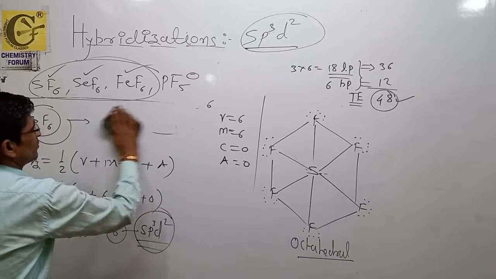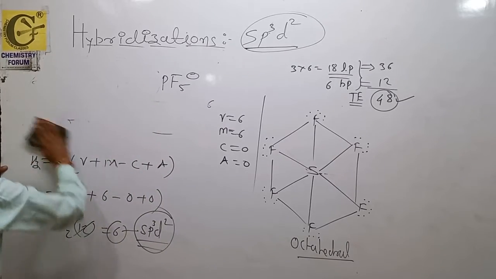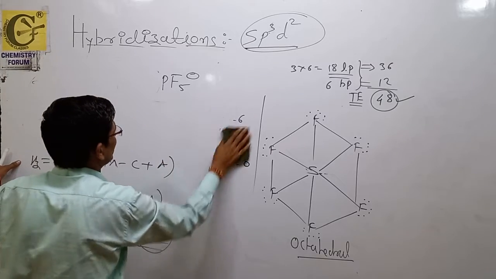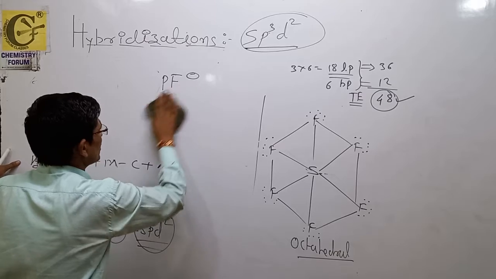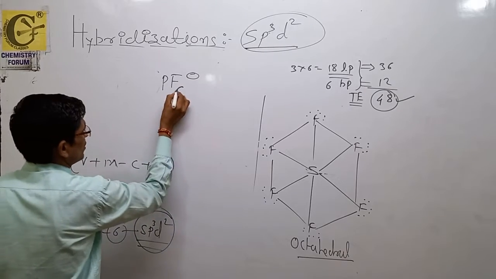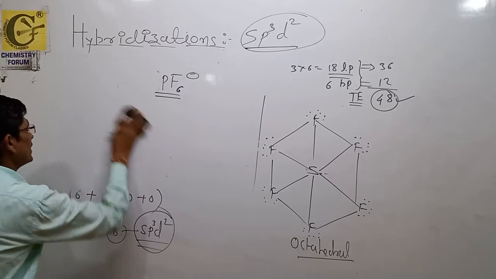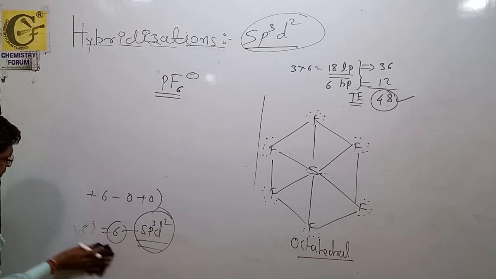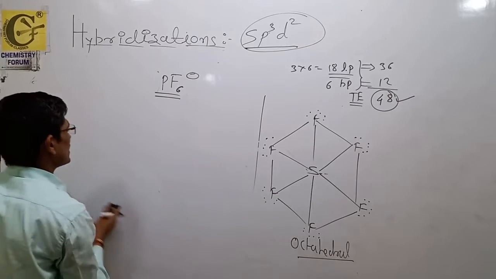यहाँ पे PF6 की बात करते हैं. Next example PF6 negative. Why does PF6 carry the negative charge? These molecules possess a negatively charged species.